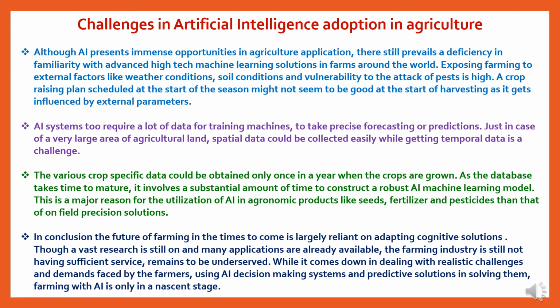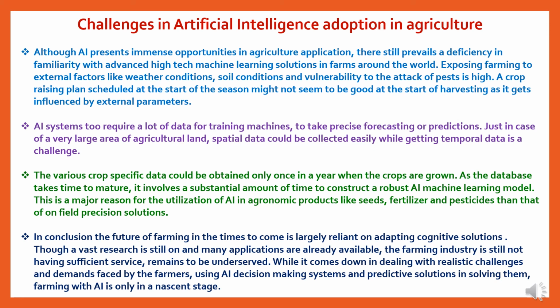As the database takes time to mature, it involves a substantial amount of time to construct a robust artificial machine learning model. This is a major reason for the greater utilization of artificial intelligence in agronomic products like seeds, fertilizers and pesticides than in on-field precision solutions.